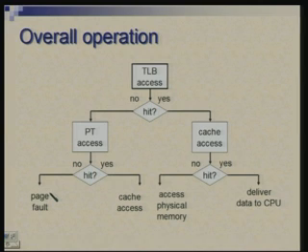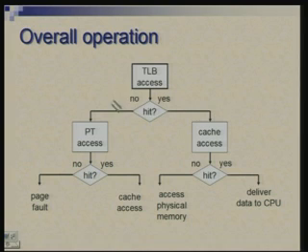Now you can see that the fastest or most desirable path is this: you have a hit at both levels, and no physical memory access is required. If you come this way, there is one physical memory access. If you come this way, there are more, because here you are further going here.